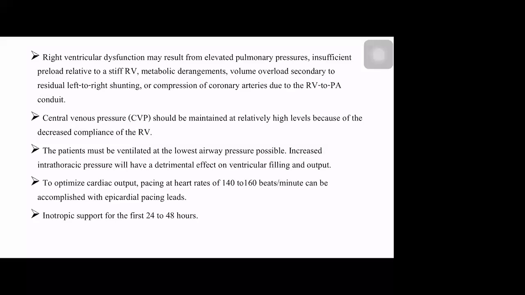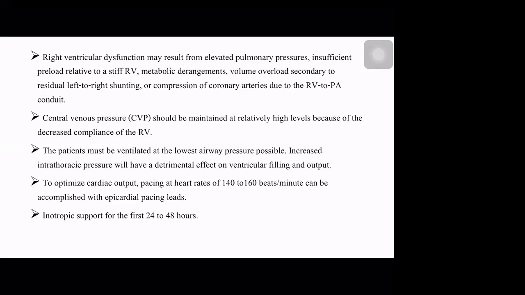And this presence of a low compliant RV necessitates keeping the CVP at a slightly higher level. The patients must be ventilated at the lowest airway pressure possible in the post-bypass period, because increased intrathoracic pressure will have a detrimental effect on ventricular filling and output. As I already mentioned, the RV is stiff and non-compliant.